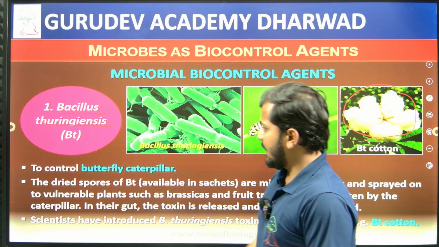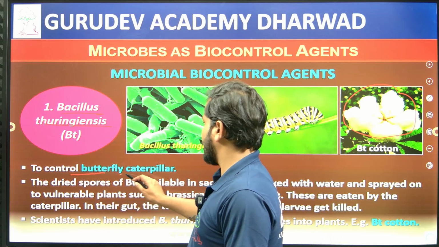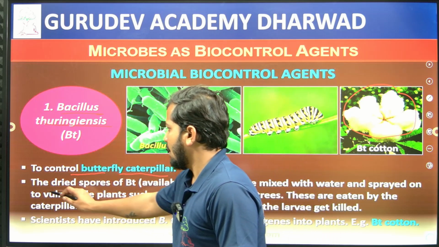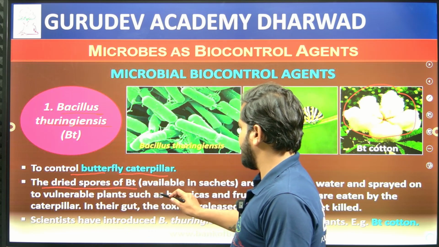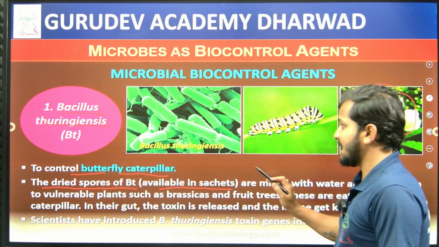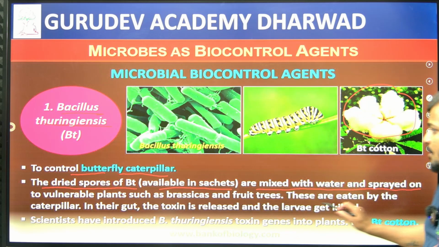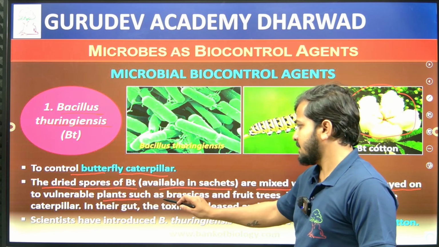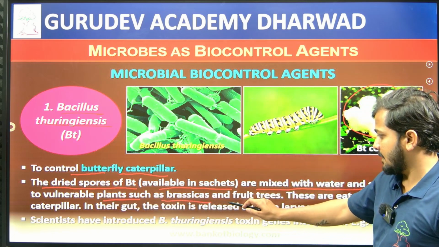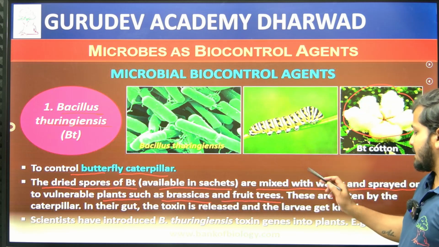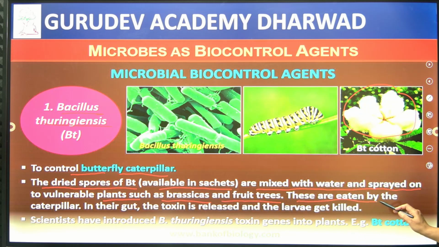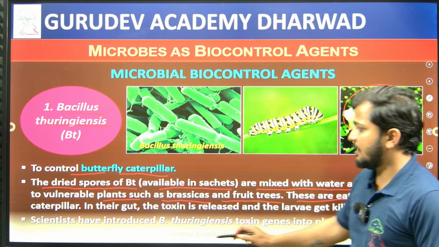To control butterfly caterpillars, the dried spores of BT are available in sachets. They are mixed with water and sprayed onto vulnerable plants such as brassicas and fruit trees, and these are eaten by the caterpillars.